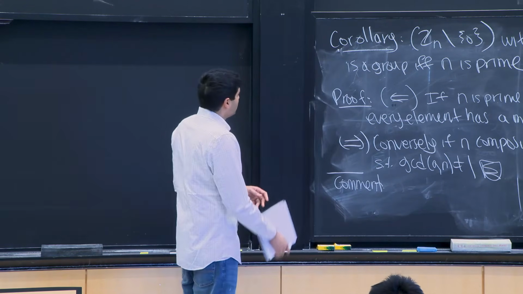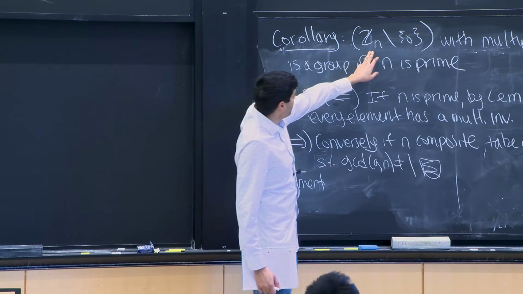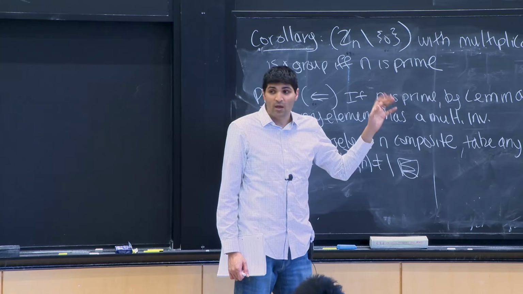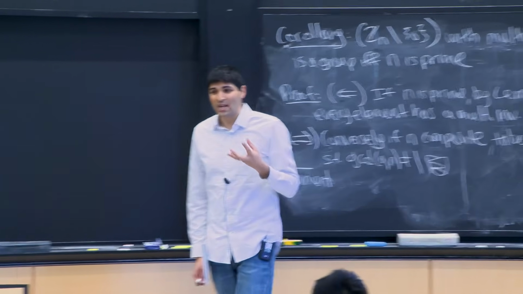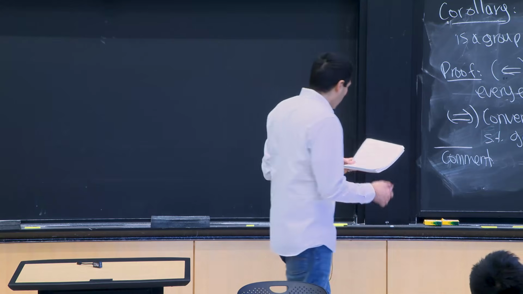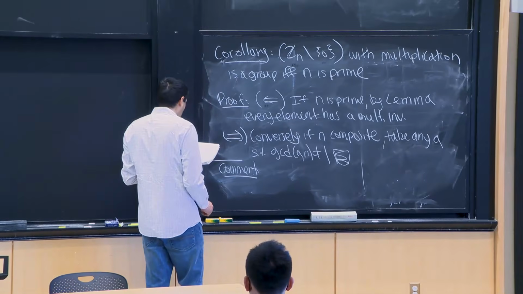Imagine that we take n, which is composite. We now know that the non-zero elements of Zn do not form a group. But even though it's not a group, there is a group hiding inside. So there is a way to fix the failure of this group property.